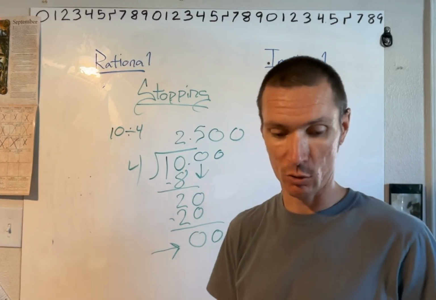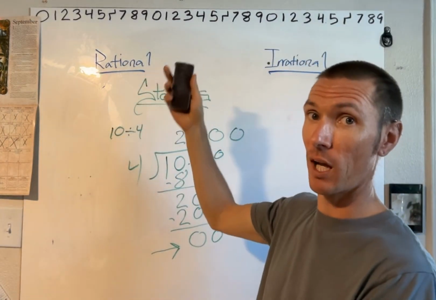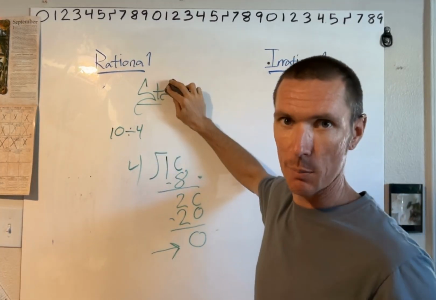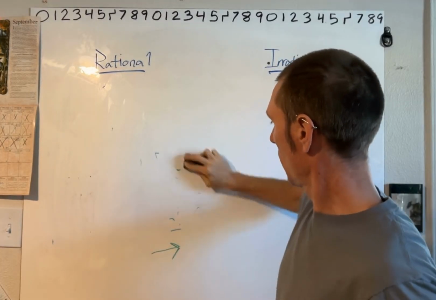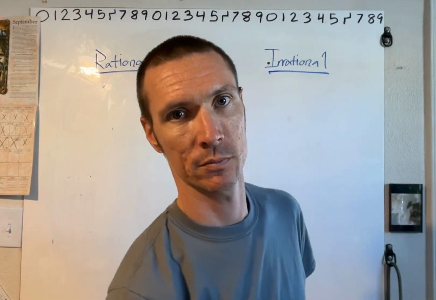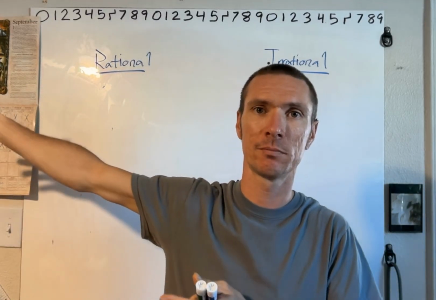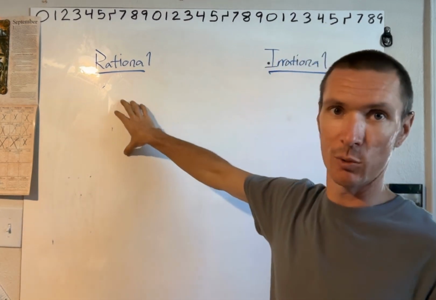So in your physical universe, think of building a house or like a skyrise. You have to have stopping points. Okay? Maybe I should have left that up there. You have to have stopping points to be able to build. Okay? You can't build something that never stops. Rational numbers.